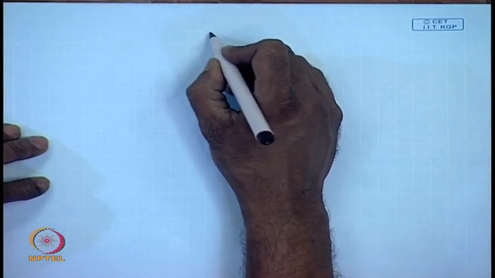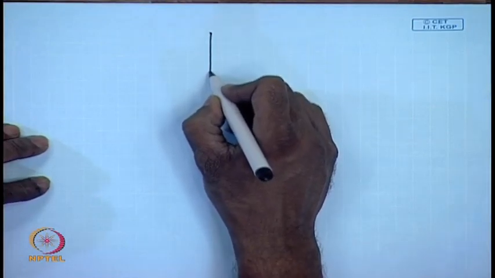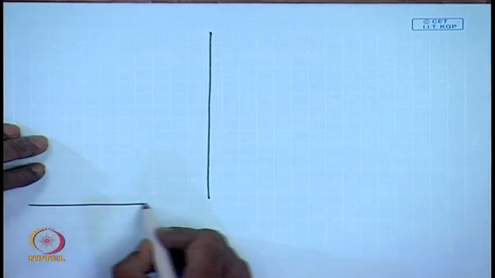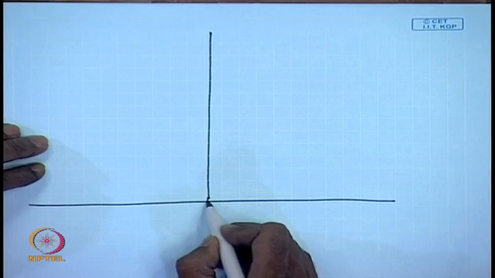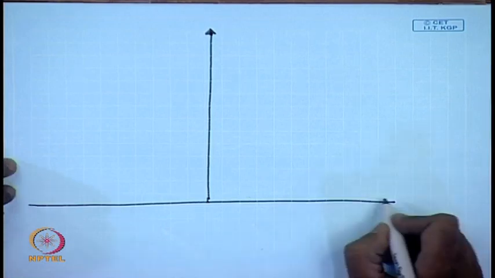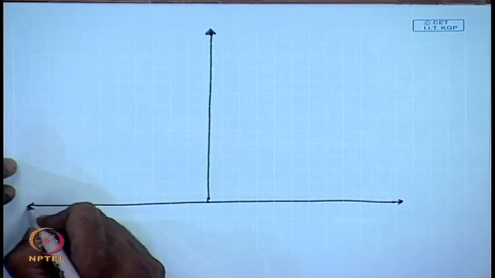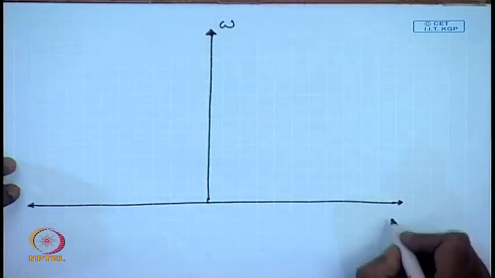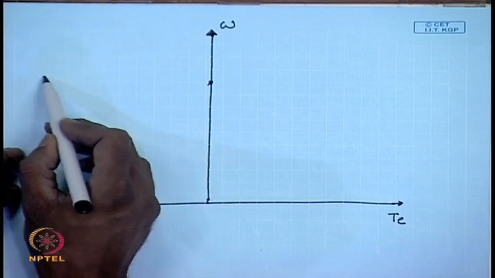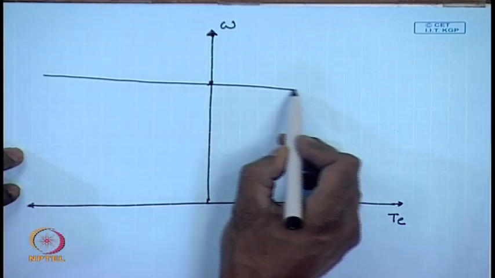So, if we change these parameters, how do you think the characteristics is going to change? Let us say at any terminal voltage, this is the torque speed characteristics.